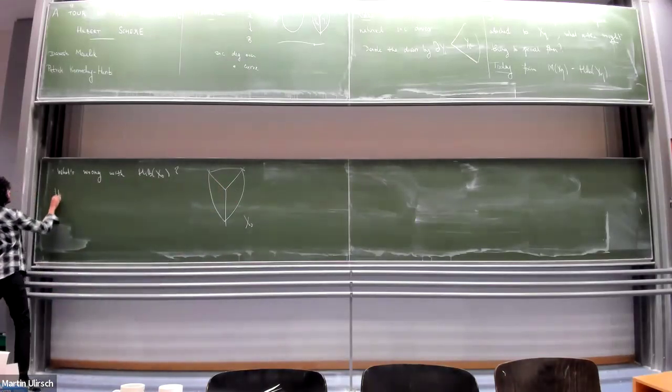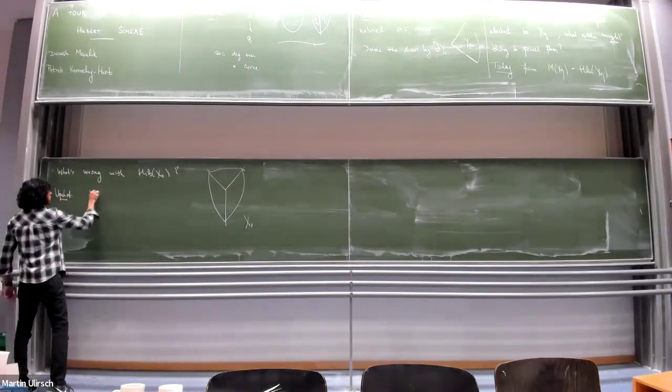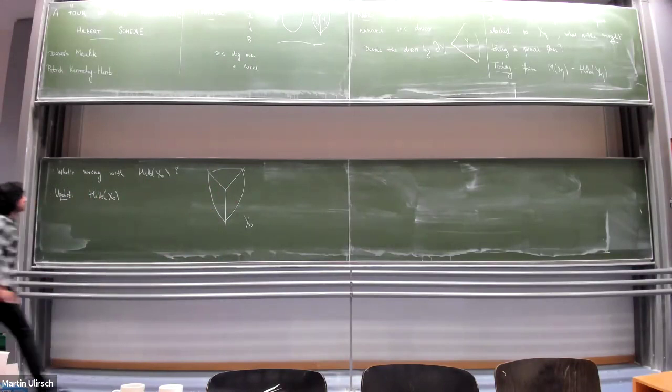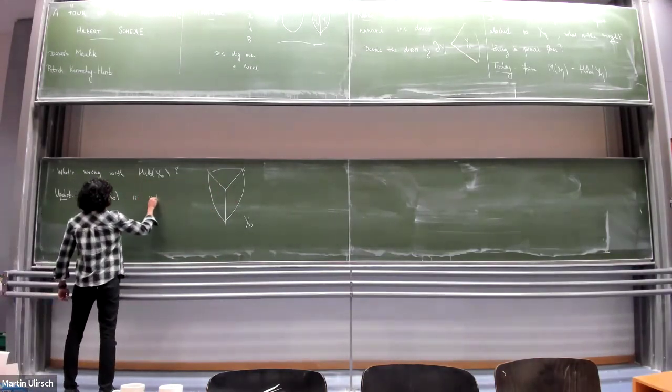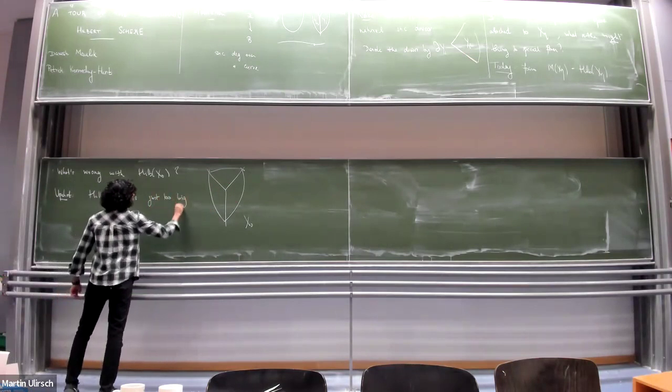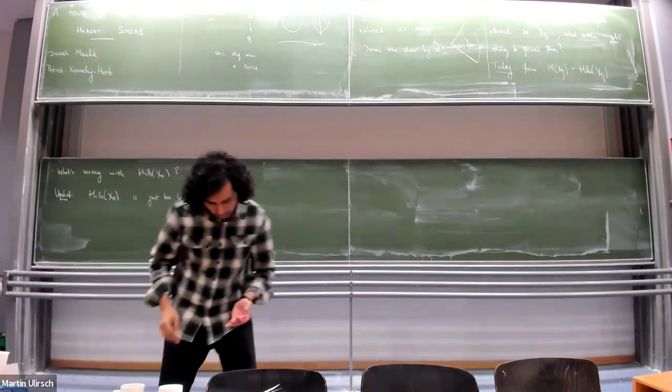Okay, so the upshot is that the Hilbert scheme of this reducible singular thing is just too big. Okay, so that's the upshot. Let me give you a sense for why.